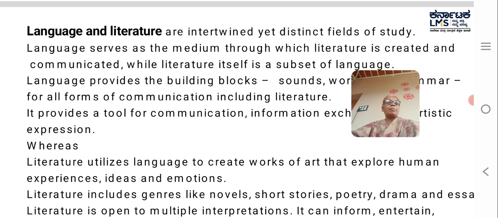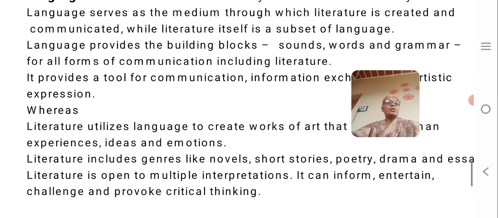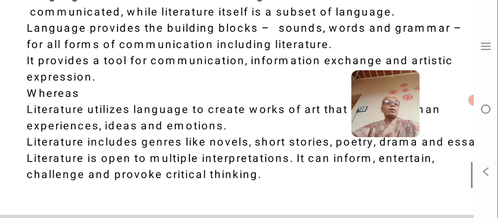Language is a medium. Literature is the end product. Language provides the building blocks like sounds, words, grammar, and all forms of communication. It provides a tool for communication. It helps for artistic expression and information exchange.